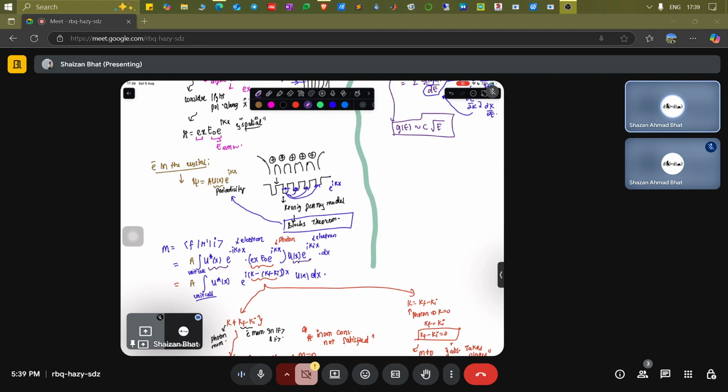Now, how does it come into picture in the absorption? So that means the absorption is directly going to be proportional to some square root of E minus EC. Why does this EC come into picture? Because it has to be referenced with respect to some energy level. Okay. For example, if you draw the absorption versus the energy, this is photon energy. Don't confuse it with electron energy. So this is photon energy in electron volt.